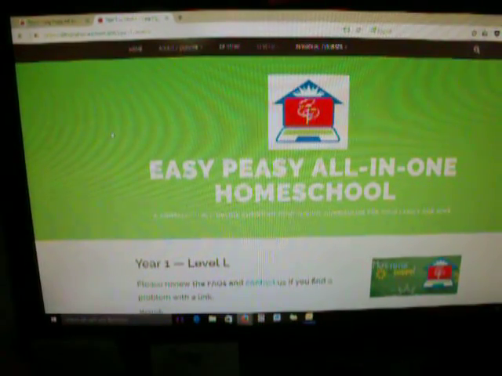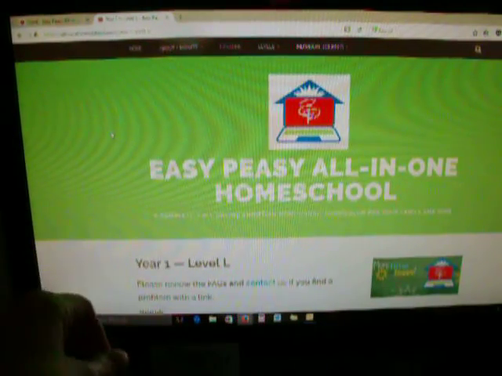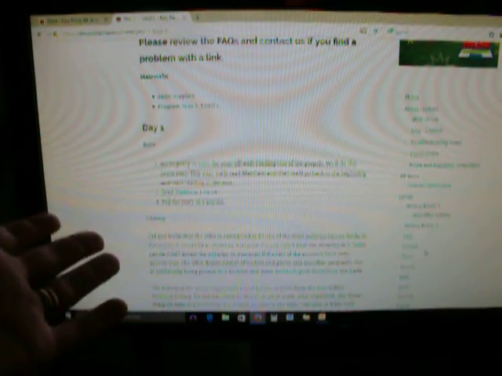So like I said, you would need some kind of form to keep up with their hours and their grades and also what day they are on. There is no way to bookmark the date. But if you go to frequently asked questions and also, or scope and sequence and then printables, one of those 2 links, if not both of them, will have some papers that other moms have made to use with Easy Peasy.